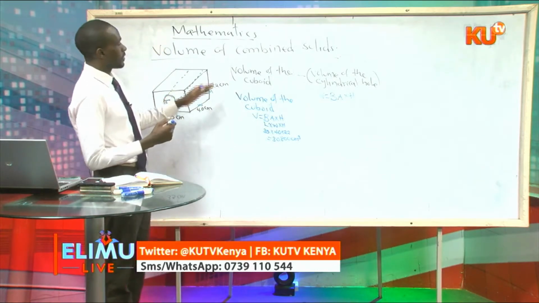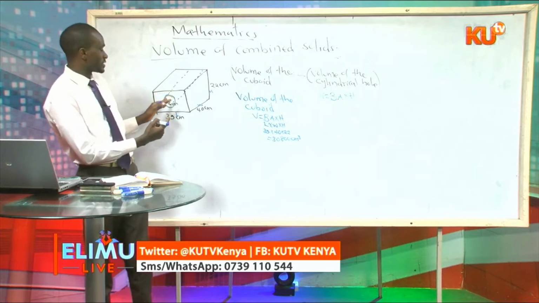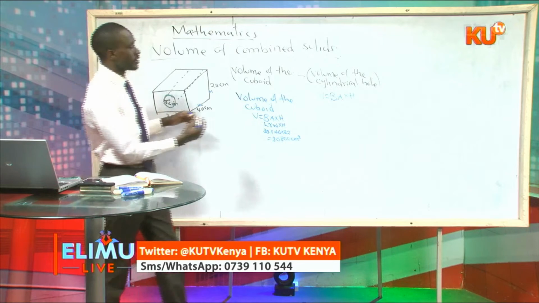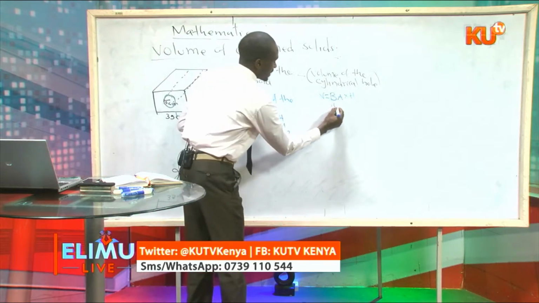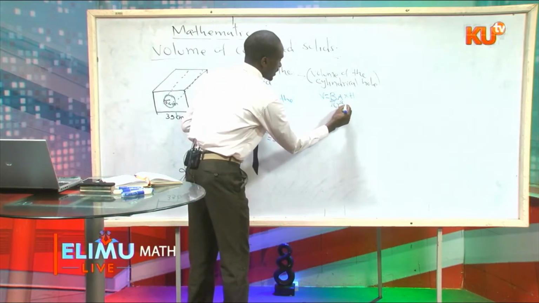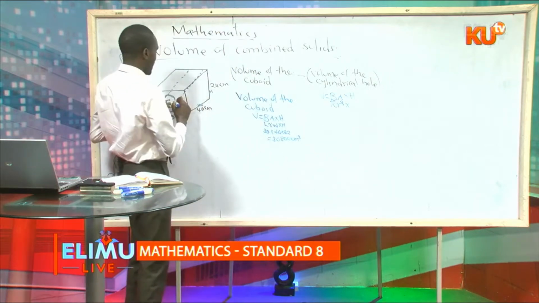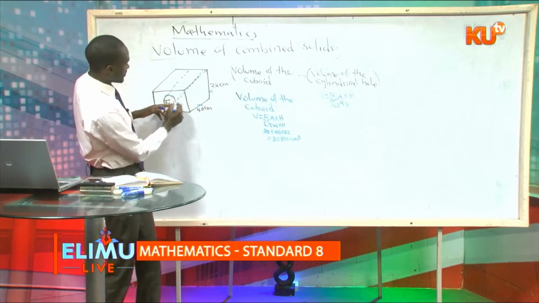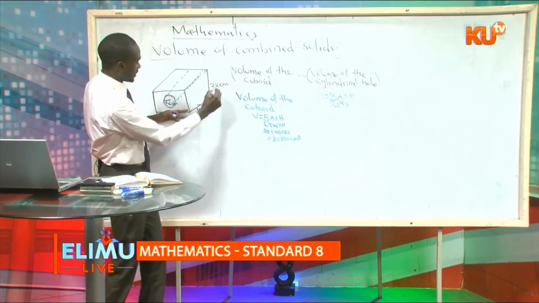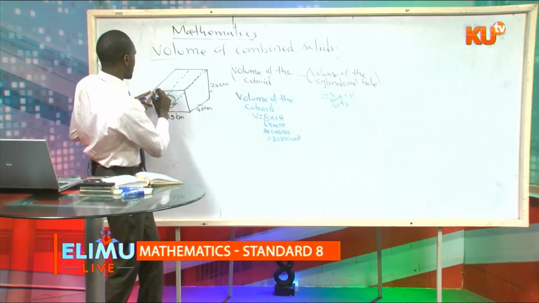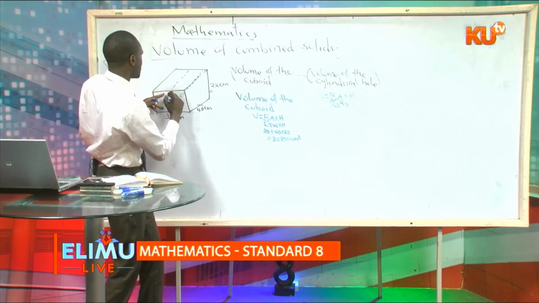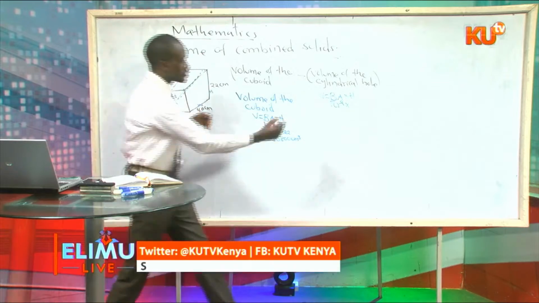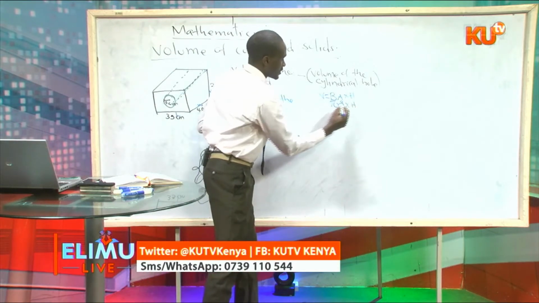Now when you come to the circle, the base area of a cylinder is a circle. Now a circle is pi r square, then by height. Then here the height, which is from here to here, is 40, because it's this one here to here. It is the one which is running from here to here. It is also the same as this one to here. So it is times height.